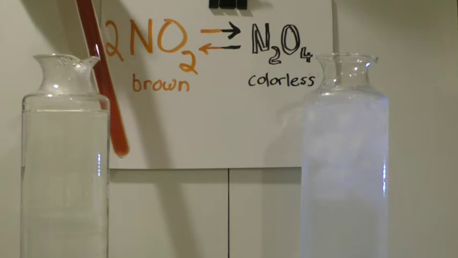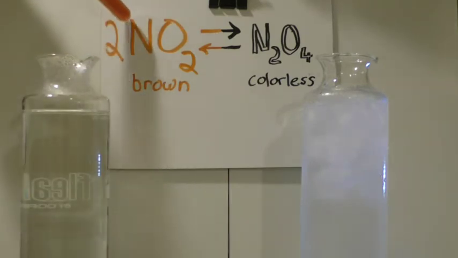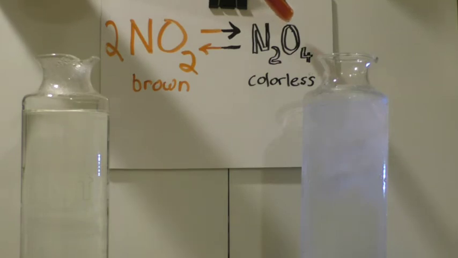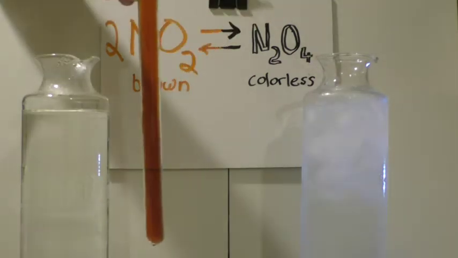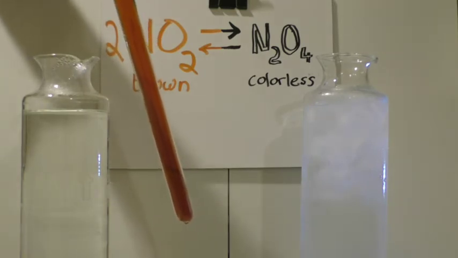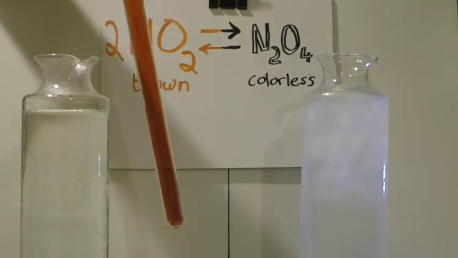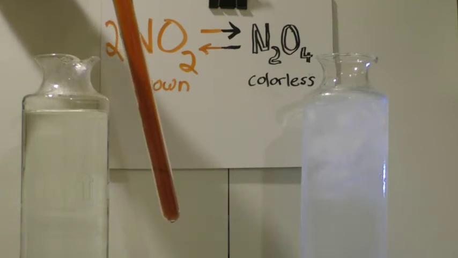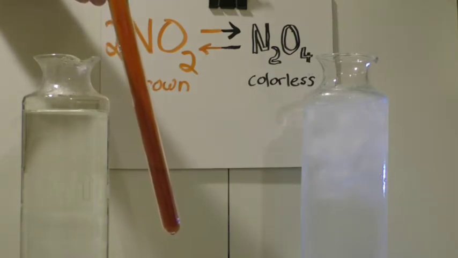And what NO2 can do is two of them can come together and transform into N2O4, which is a colorless gas that we can't see. So if I looked in here, I can for sure see that there's some NO2 in here, but I really don't know if there's any N2O4, and maybe this reaction is taking forever to turn into products.